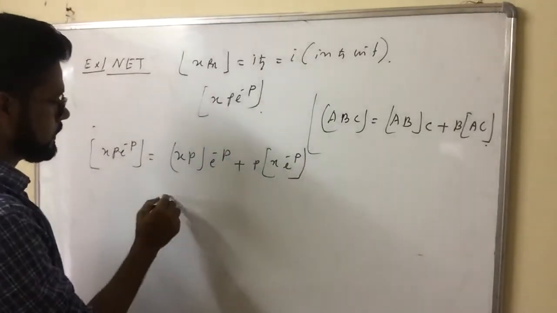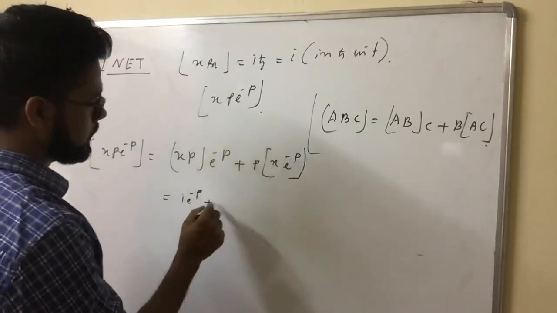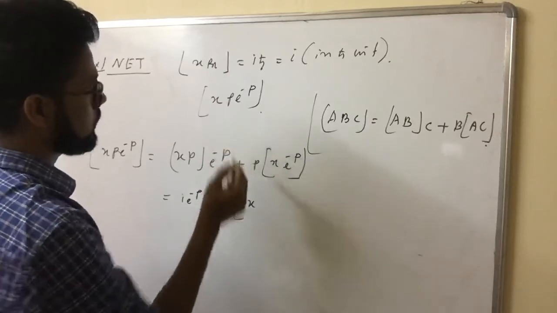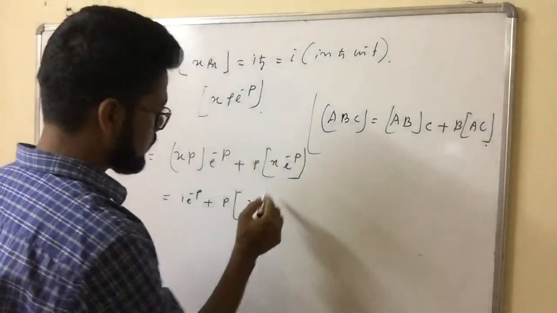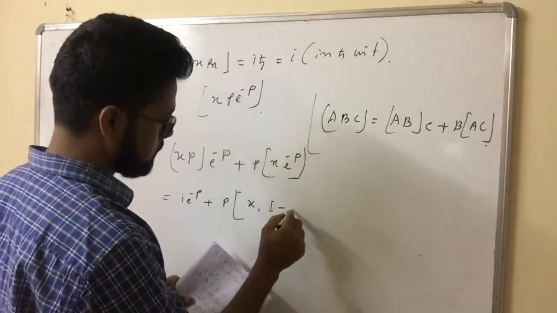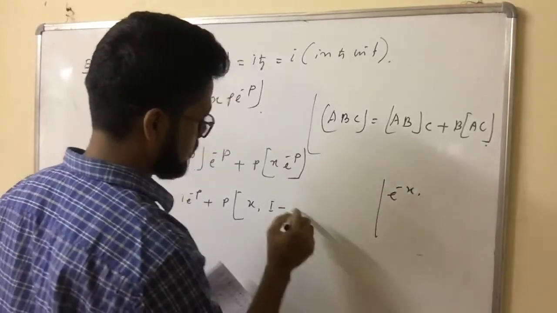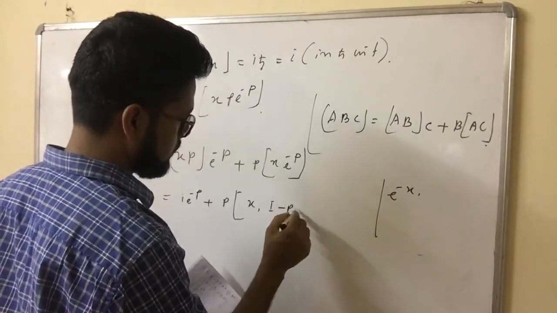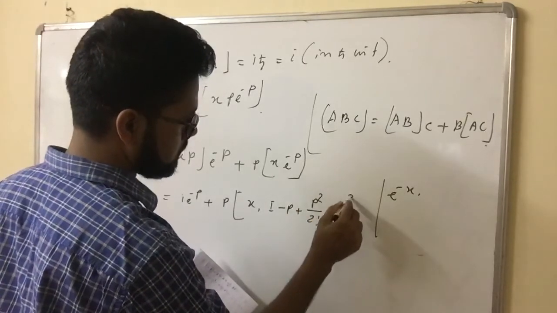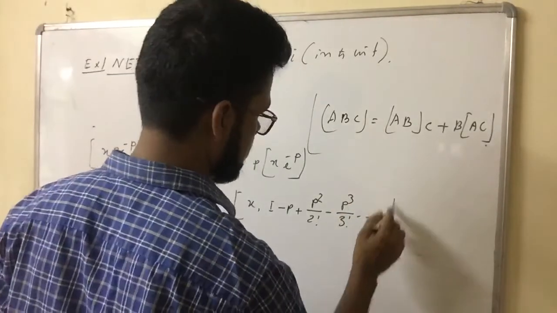First term will be easy, so i e^(-p) is the first term. Second term will be p into [x, e^(-p)]. The second term, the exponential e^(-p) is 1 minus p plus p square by factorial 2 minus p cube by factorial 3, and it goes like that.